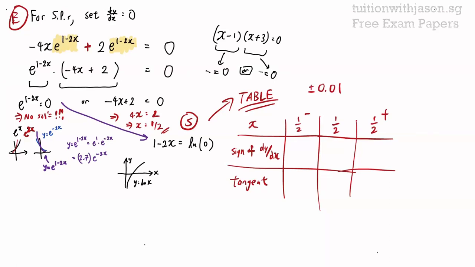Okay, so let's just type in a calculator. This one will be a 0, but what happens if you type in something slightly smaller than half? So let's say 0.499, or just 0.49. Sub this into the expression for dy by dx.